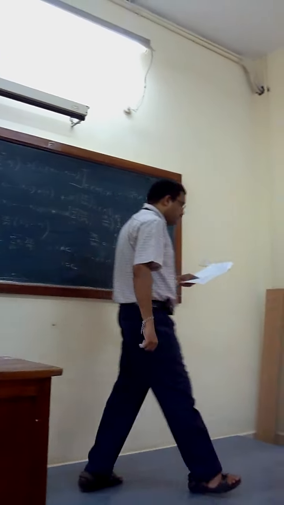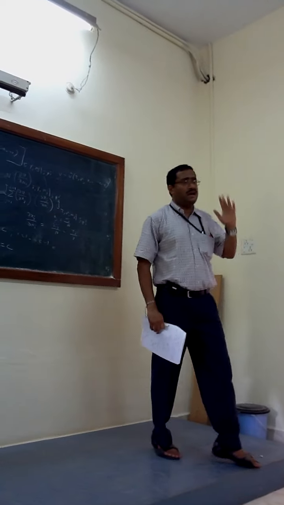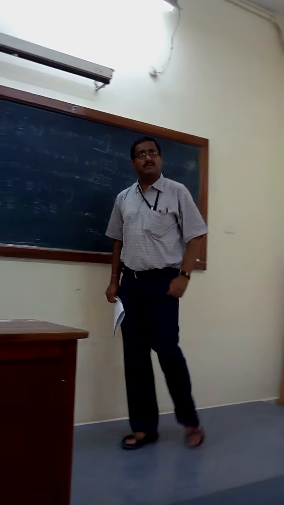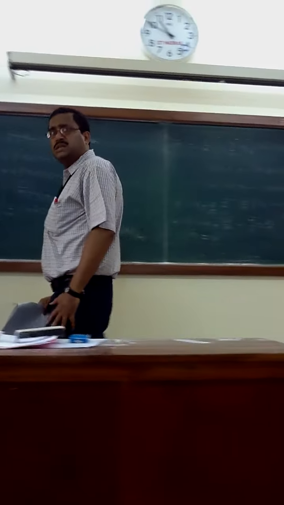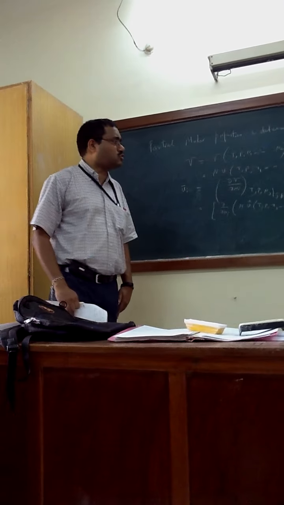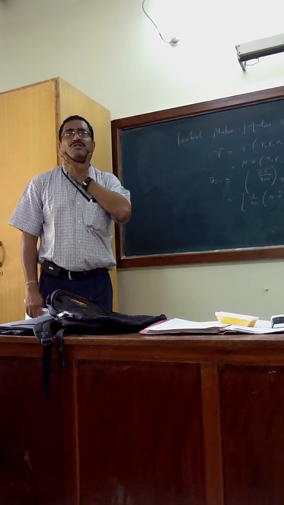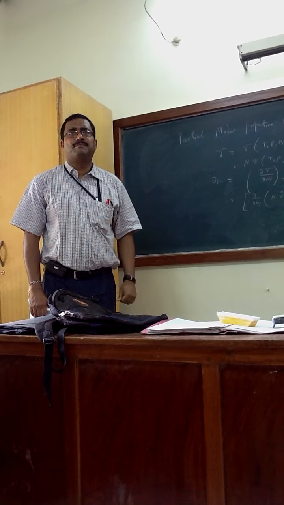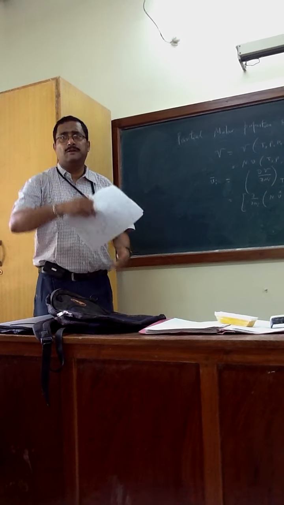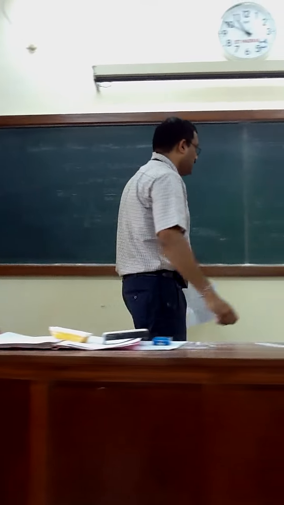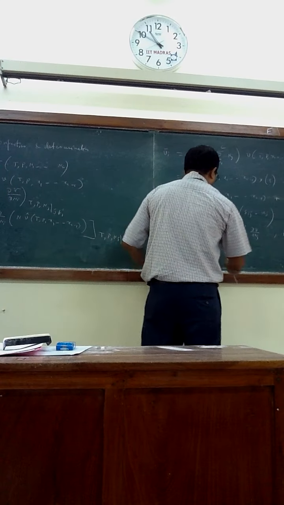V plus something. Please raise the hand and give me the answer. At least one hand. If i equals c, what will you get? Yes, Rahul. Minus, because this term will go.